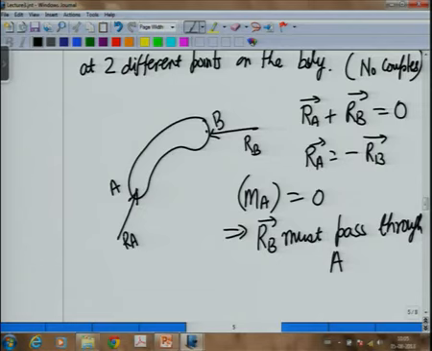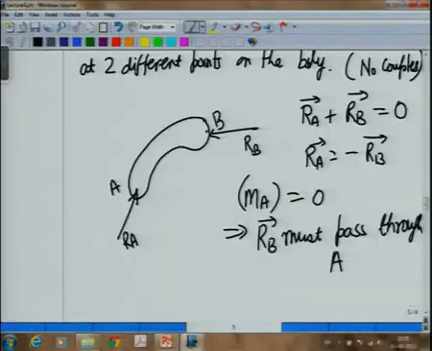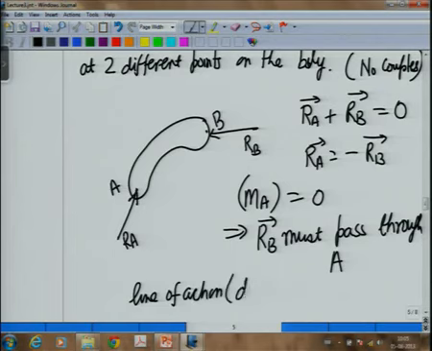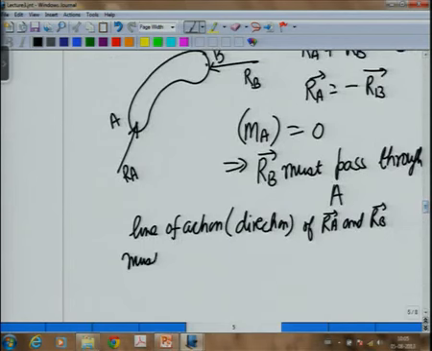It has to be the same, which has to be the line AB. So this means that the line of action, or the direction, that is what this means, of RA and RB must be along the vector AB. Okay.